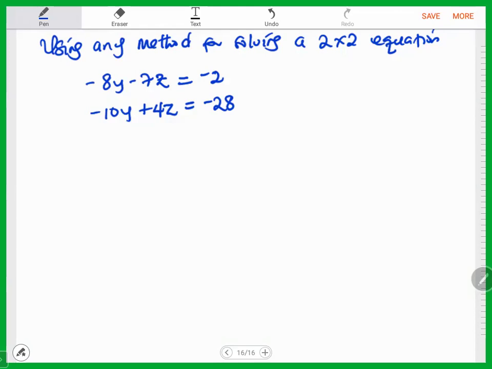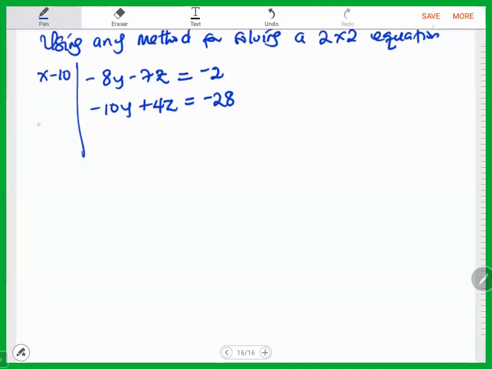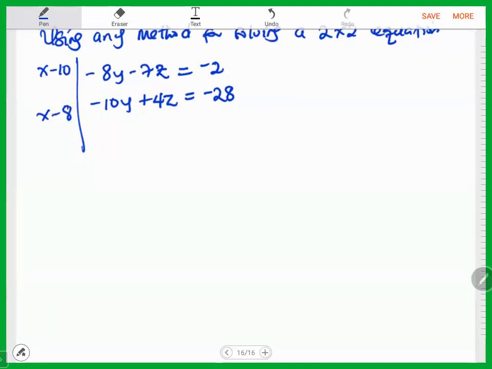For me, I've eliminated y. If we're eliminating y, we shall say this is times minus 10, and this one is times minus 8.